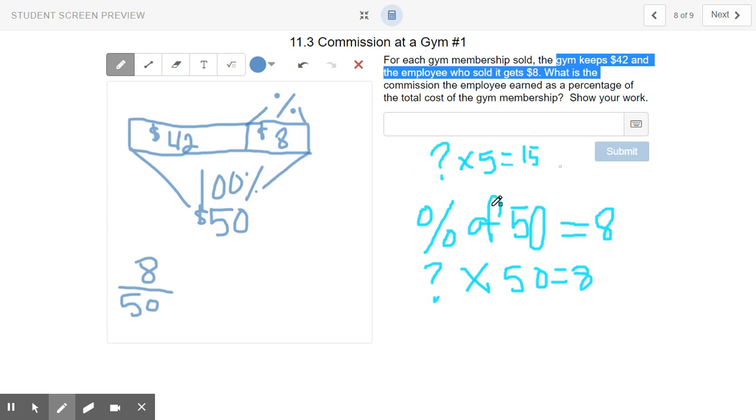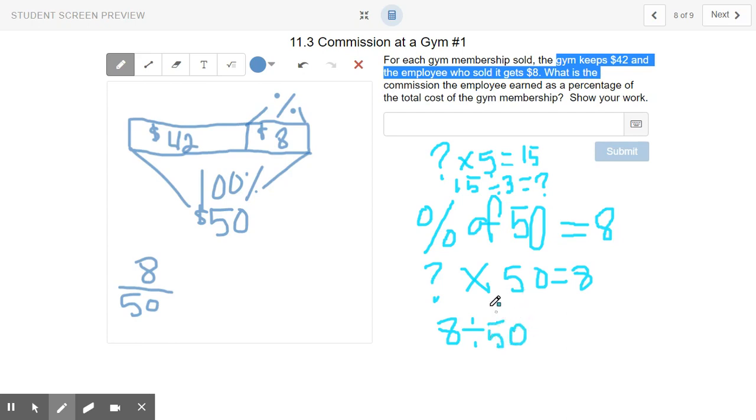And if you wanted to find that answer out, you would do 15 divided by 5 is 3, right? So this is kind of how I always check myself on what am I dividing. So in this problem, we're taking the 15, which is 8 in this case, and we're going to divide it by the 5, which in this case is 50.